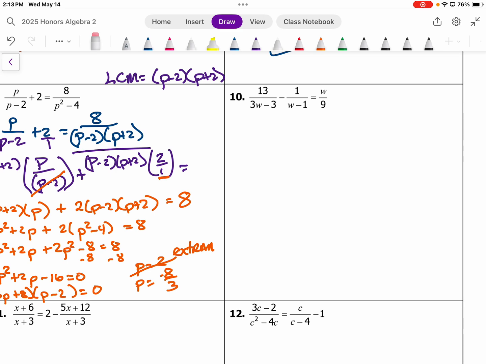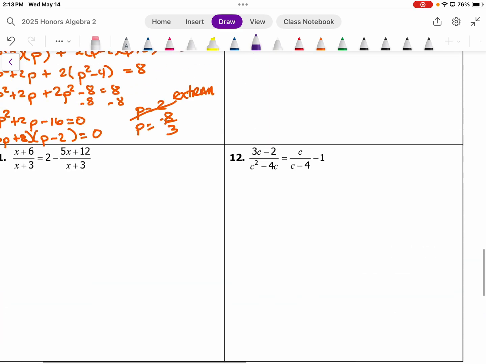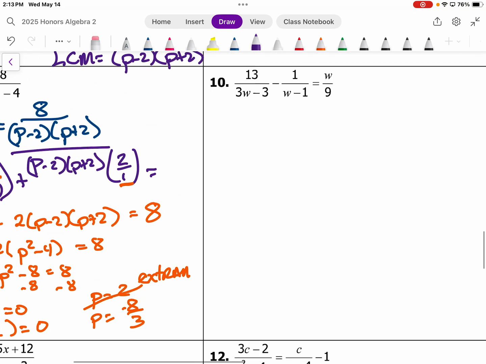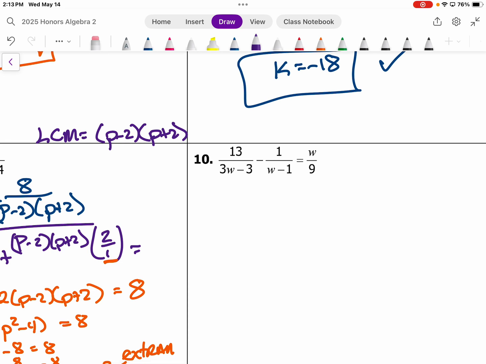I got to erase that part there so I have room to work. All right, we got 3 more. Notice how they get a little bit crazy. I have 13 over 3 times w minus 1. I'm just going to take out that 3 so I can look at it in its factored form so I can figure out the least common multiple. And 9 is 3 times 3.